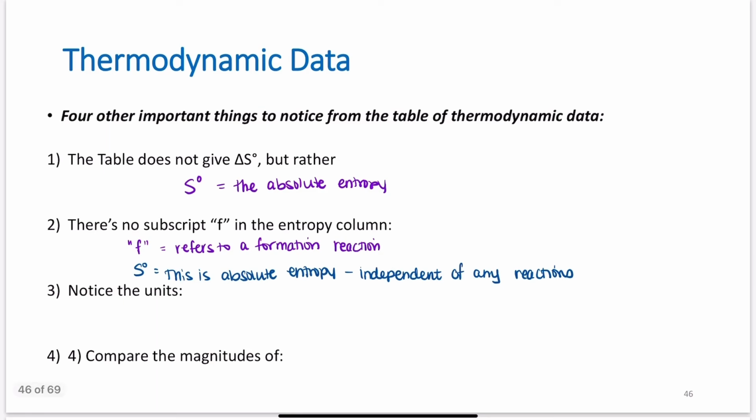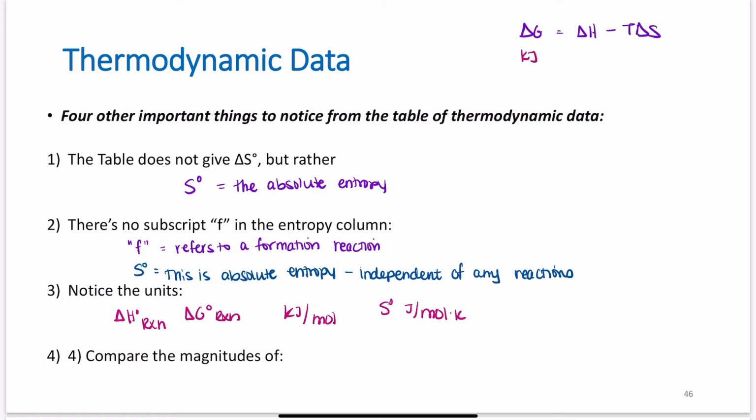And again, I know I mentioned this in the previous slide, but be careful of units. Delta H of the reaction and delta G of the reaction are in kilojoules per mole. S, or your entropy, is in joules per mole K. I don't care what you do with your units, but you have to be consistent. So we're looking at delta G equals delta H minus T delta S. This is in kilojoules per mole, this is kilojoules per mole, and this is joules per mole K. This is in Kelvin.